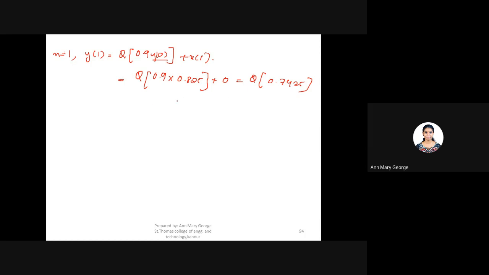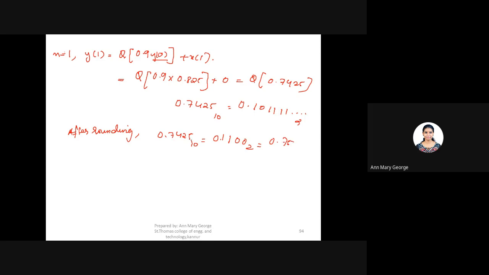We can represent this 0.7425 as 0.10111 and after rounding we get 0.1100, that is 0.75.